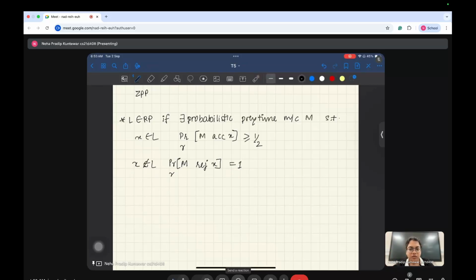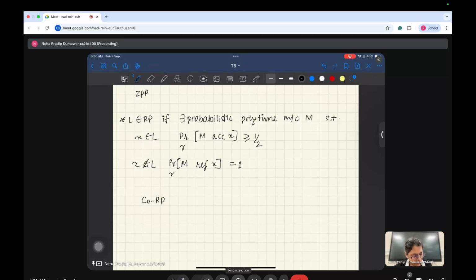Similarly, a natural question is, can we reverse the situation? That is, if x is in the language, can we always answer correctly, and when x is not, can there be some error probability? This class is what we call co-RP.